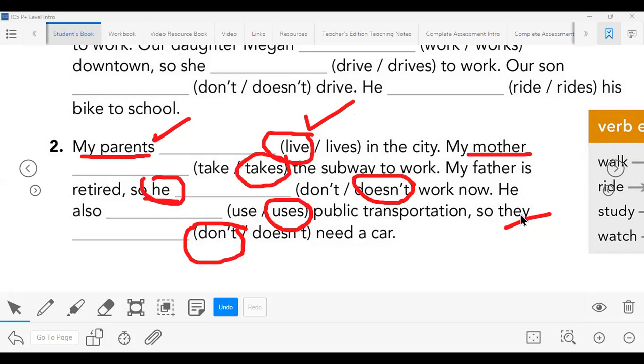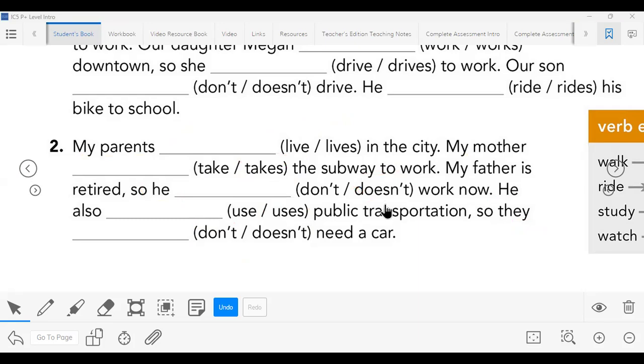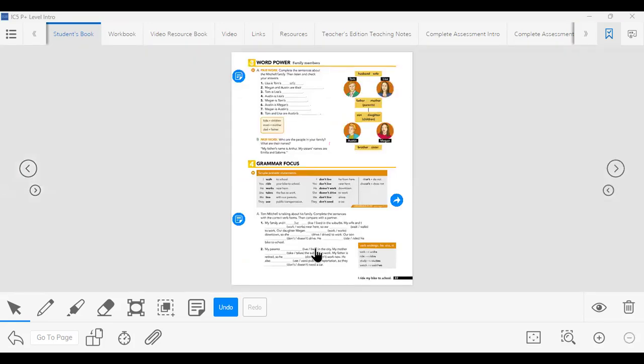Now we have here the negative they, plural: don't. There we can see the difference. And here he, singular, changing the verb: uses. Very good, excellent. That's the idea. Just two. Okay, we have just two.